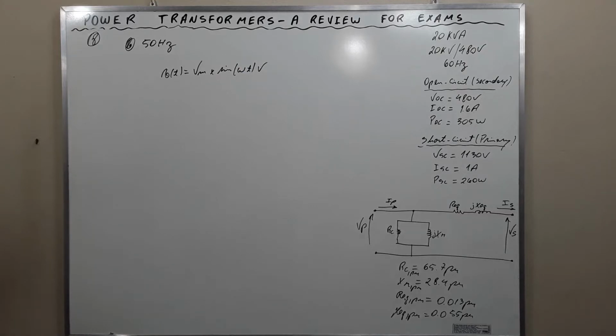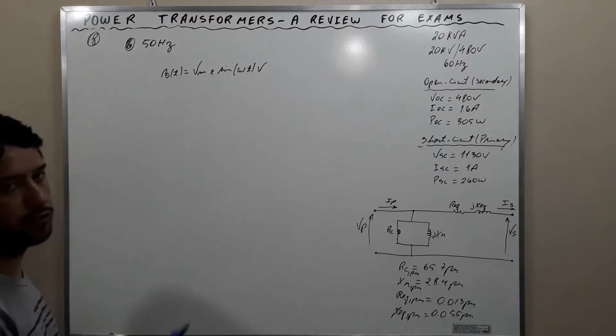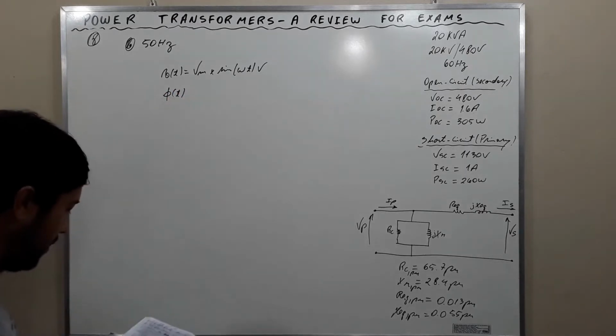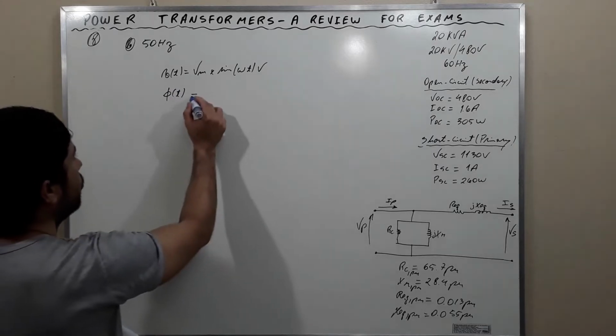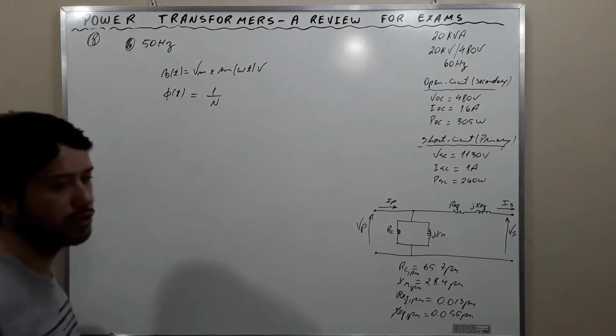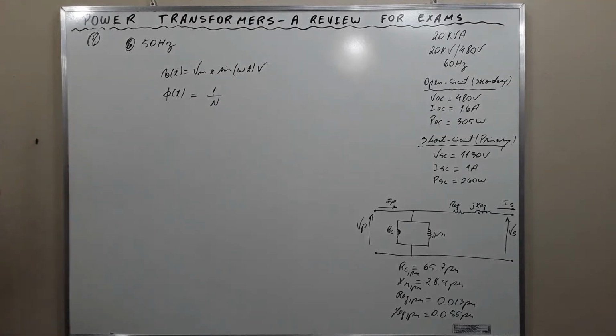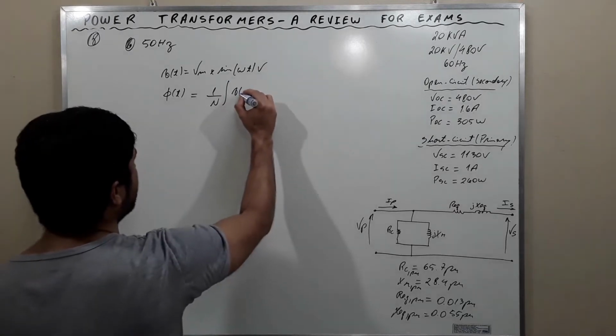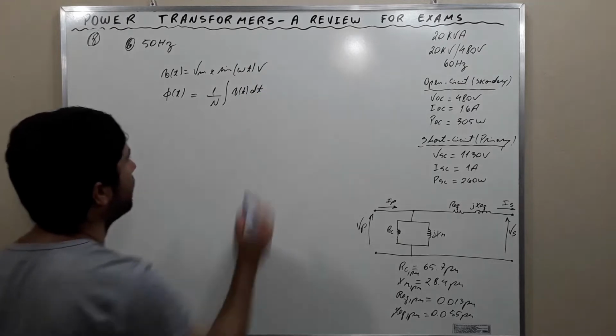And flux in a transformer core is equal to 1 over N, which is the number of turns, times the integral of v of t dt.